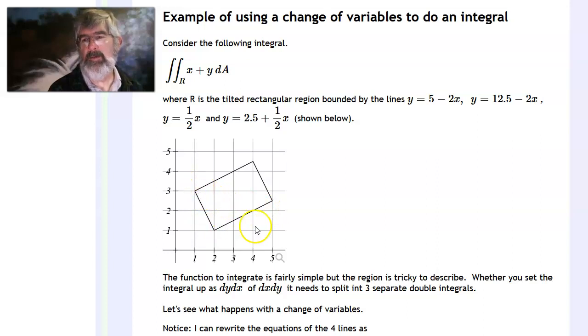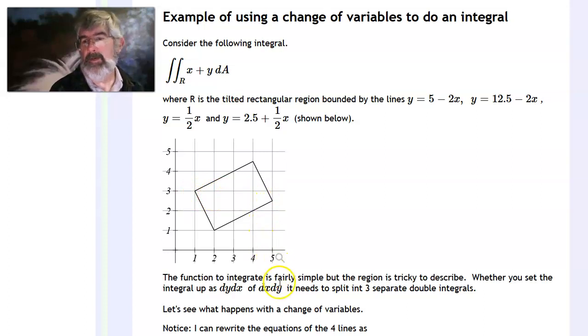So yeah, x goes from 1 up to 5, but the bottom and the top function switch. In fact, here the bottom function is this line, and then it switches to that line, where the top is this line for a while, and then it switches to that one. So you'd actually have to break this up into 3 integrals, x from 1 to 2, from 2 to 4, and then from 4 to 5 in order to do that.